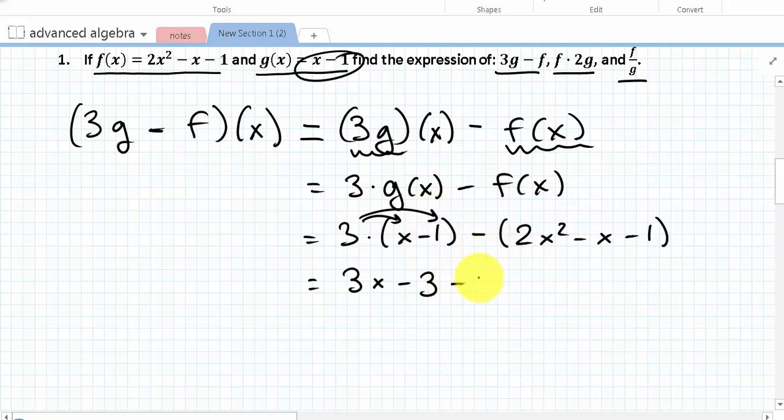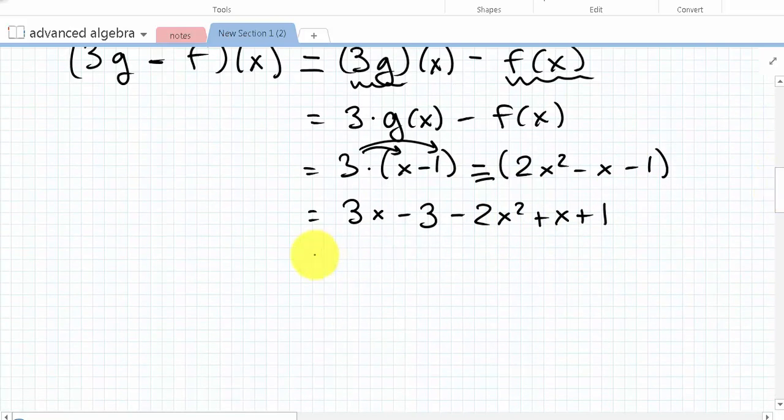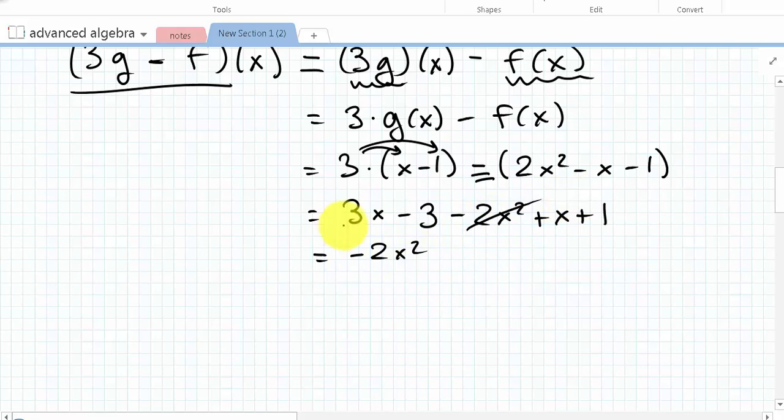And then minus 2x squared plus x plus 1. Be careful, you have a negative sign in front of the parenthesis. And so finally, this function is negative 2x squared plus 3x plus x, which is 4x, minus 3 plus 1, which is minus 2. That's it. This is 3g minus f.